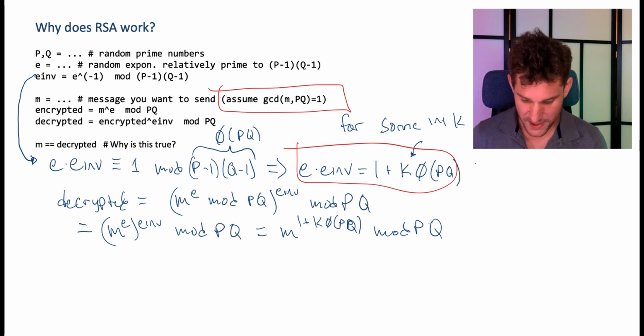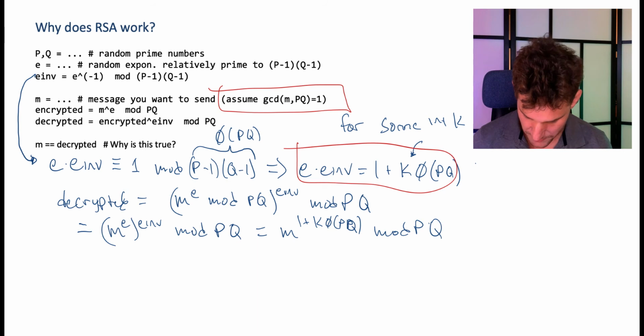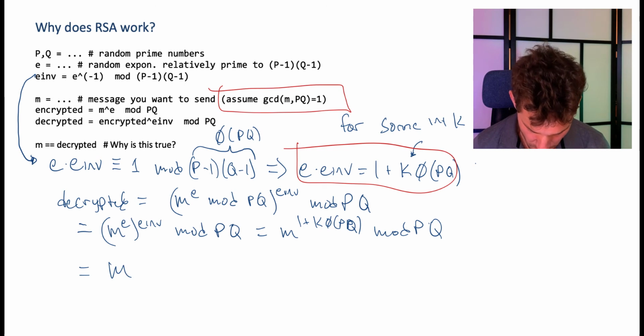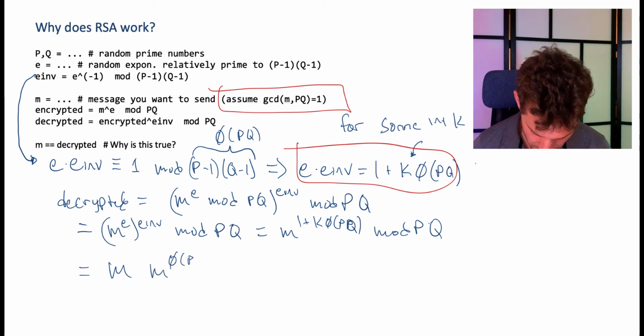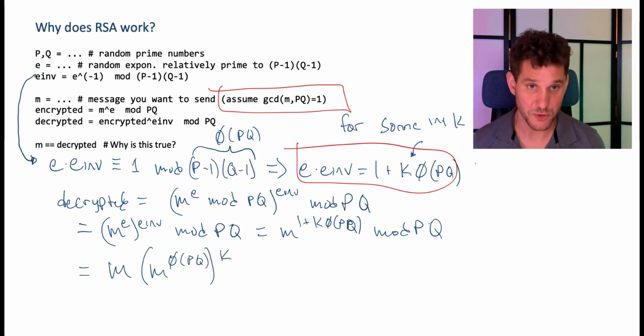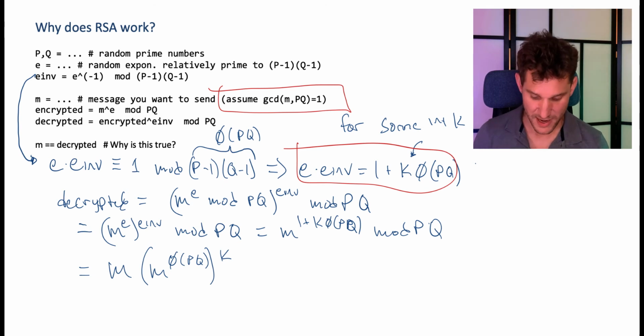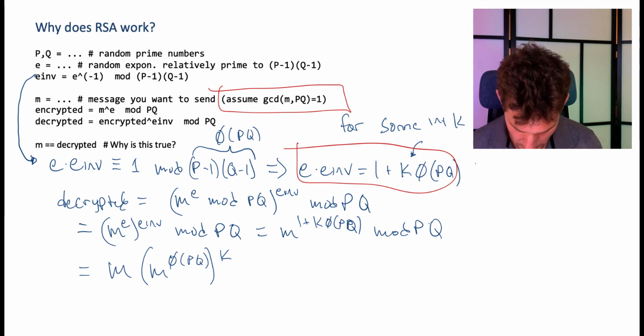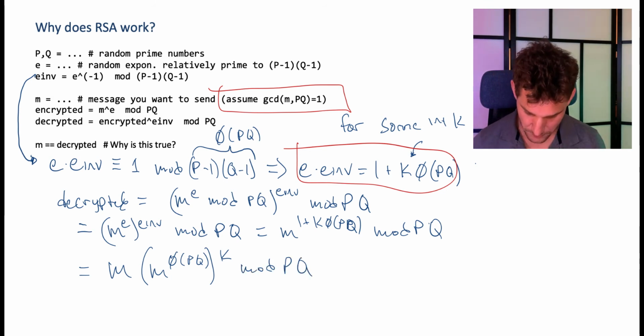Okay, so given that m is relatively prime to pq, we can actually write this as being equal to m to the 1, times m to the phi of pq, all to the power of k. I'm just rewriting this exponent as a product, and then a double exponent. This, of course, is mod pq.